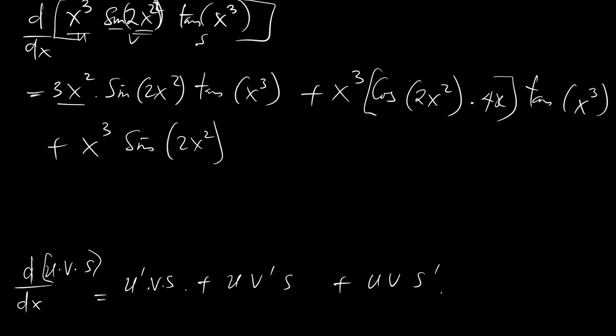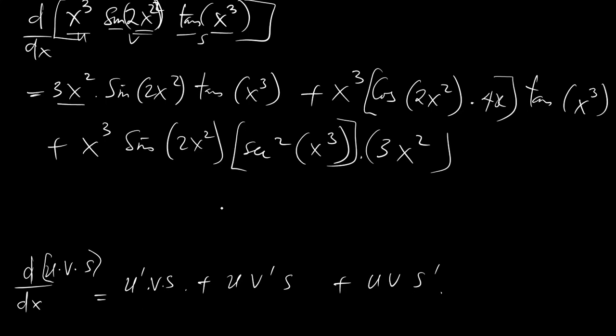Now you differentiate this, which is, you differentiate tan with respect to this function, which is x cubed, you now have sec square x cubed times, if you differentiate this function, you have 3x squared. So this is the final answer, but let me rearrange it the way it's supposed to be.